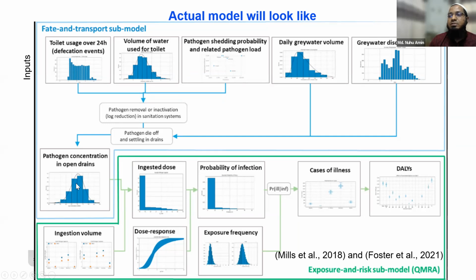This will follow the ingestion dose, how much the children or the adults of the neighboring community of the hospital actually ingest, and then we will estimate the probability of infection of that particular person.